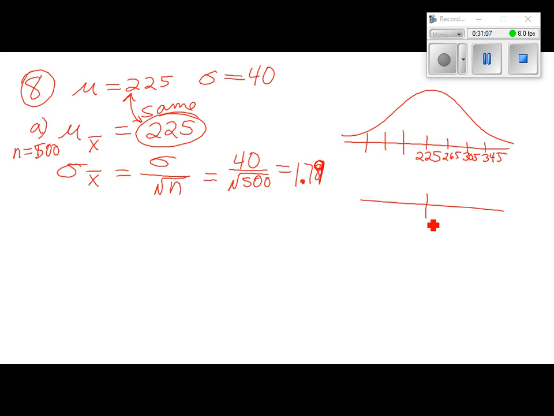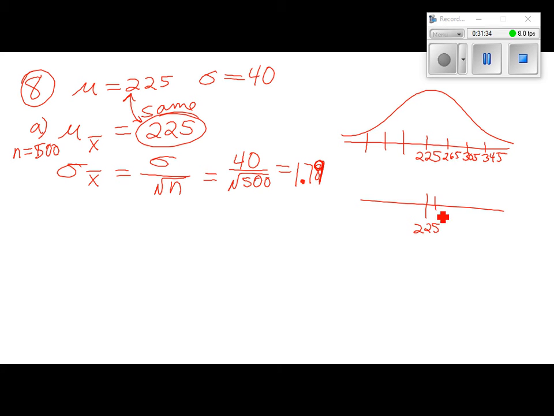We don't have to graph it on this one, but I want you to understand what you're actually doing here. If we had the whole population, that's our spread. Now we're saying the mean is still 225, but now we're only going up by about 1.79, so about 2, let's say.